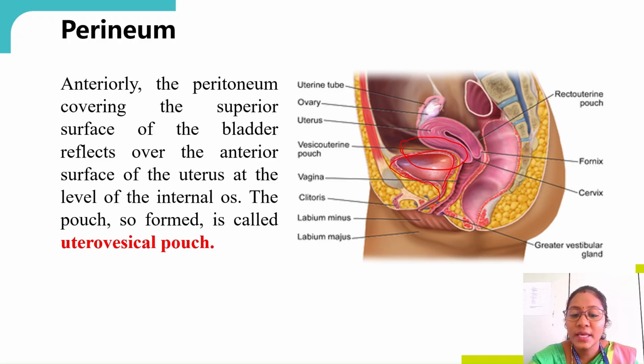See, the green part is the internal orifice of the uterus. This also plays an important role in the vesicouterine pouch.